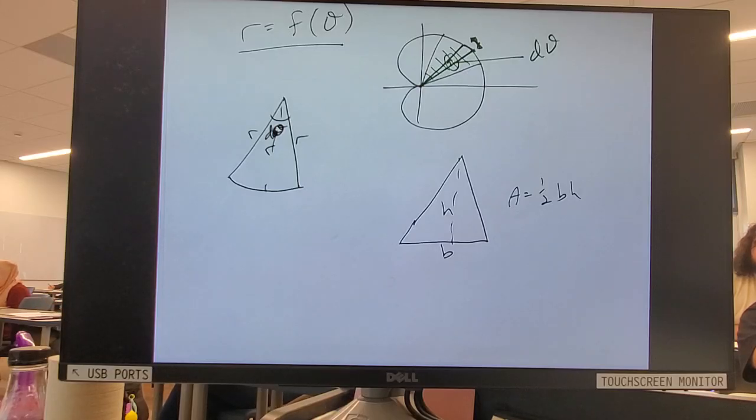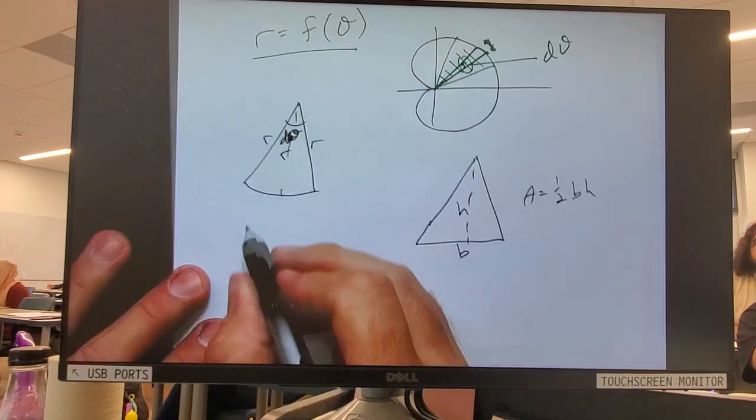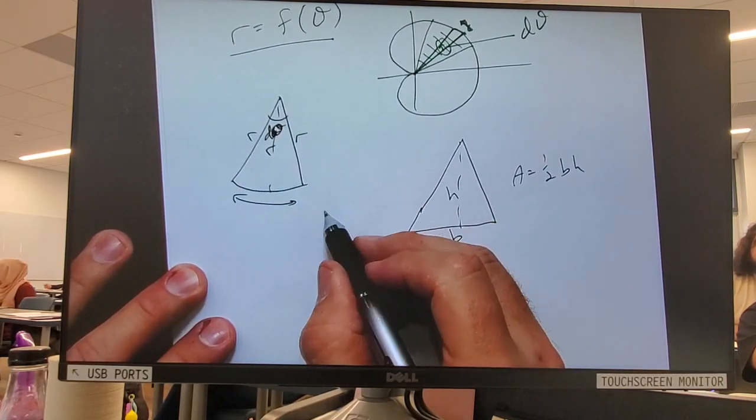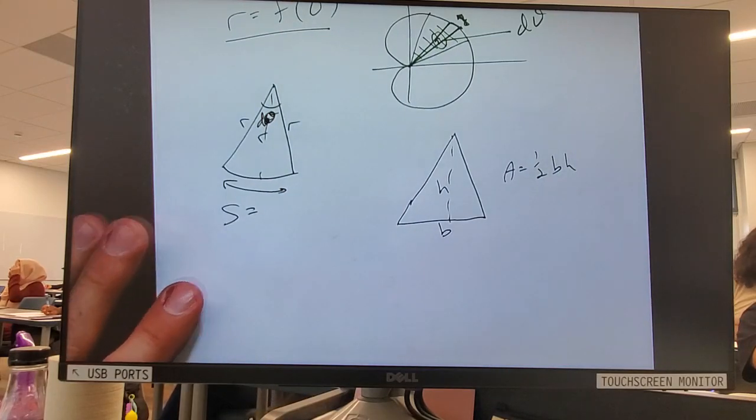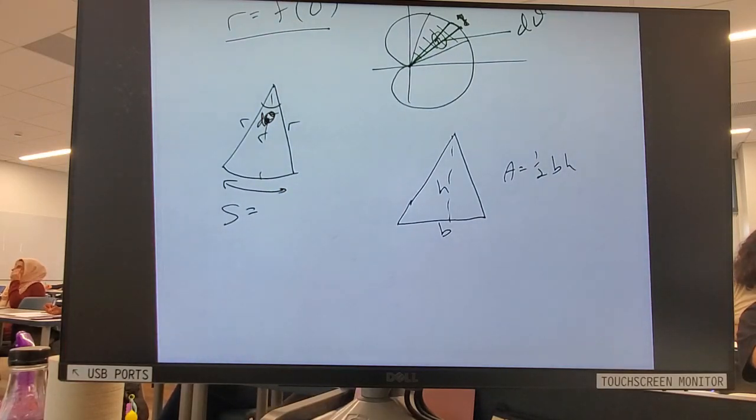Because d theta means I'm letting it be very tiny, which means I've zoomed way in. So then this is effectively straight. Now, does somebody remember the formula for the arc length? R theta.